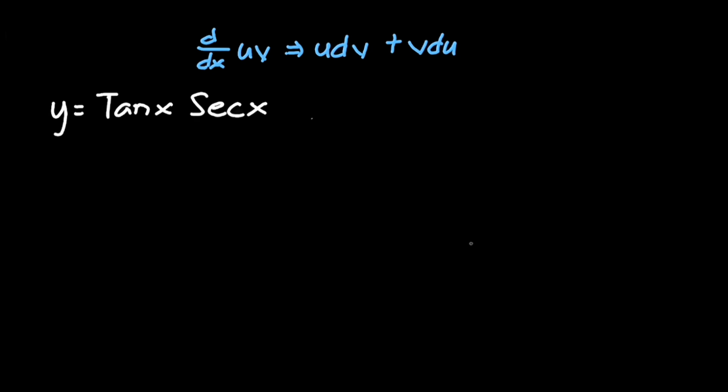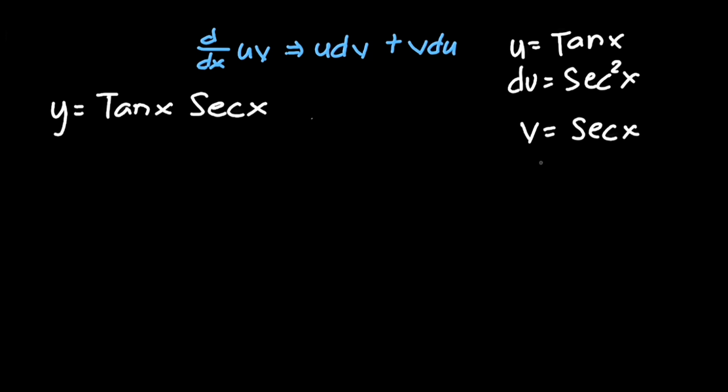Y equals tangent of x multiplied by secant of x. U here would be tangent of x. Derivative of tangent of x would be secant squared of x. V would be secant of x. Derivative of secant of x would be secant of x tangent of x.